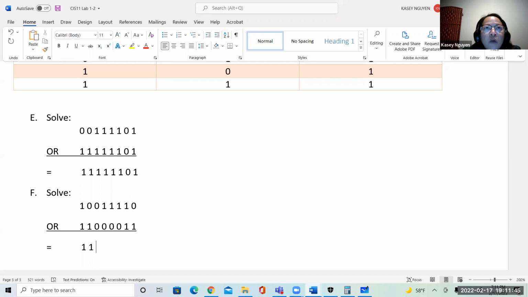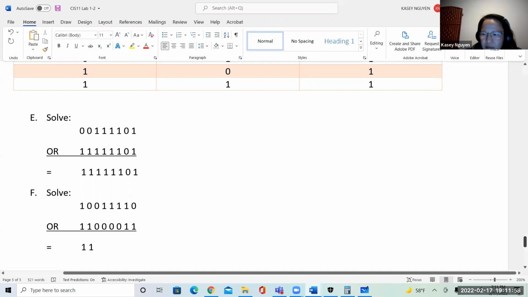Anytime you have 1 as an input for the OR operator, you're going to have a 1 as an output. In the AND operator, anytime you have a 0, you're going to have a 0. Any questions with these operators? You will find similar questions to this on quiz and test.